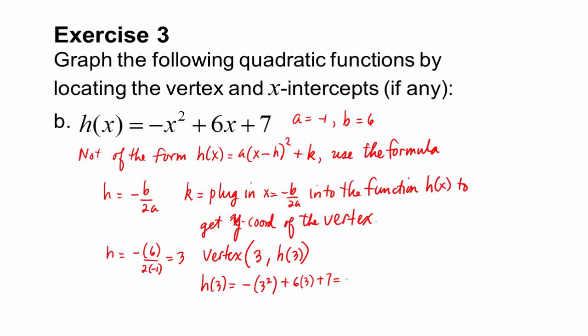You're going to get minus 9, right? And then plus 18, which is actually 9, plus 7, then you get 16. So that means the vertex is therefore equal to the point where x is 3 and y is 16.